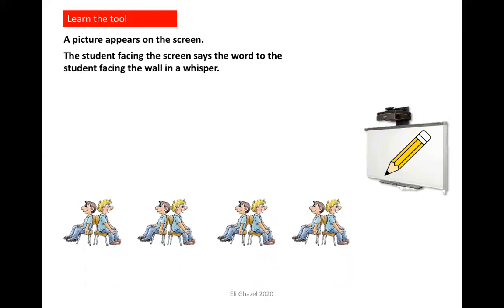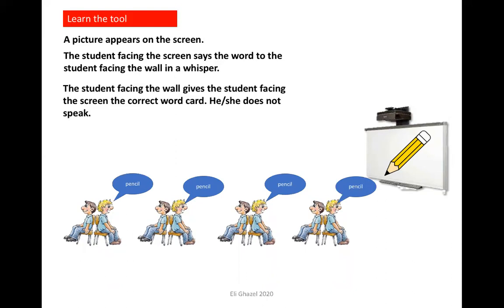So the student facing the screen says the word to the student facing the wall in a whisper like this: pencil. What do you think the student facing the wall is going to do? Well, they're going to search in their cards for the word pencil and hold it up.